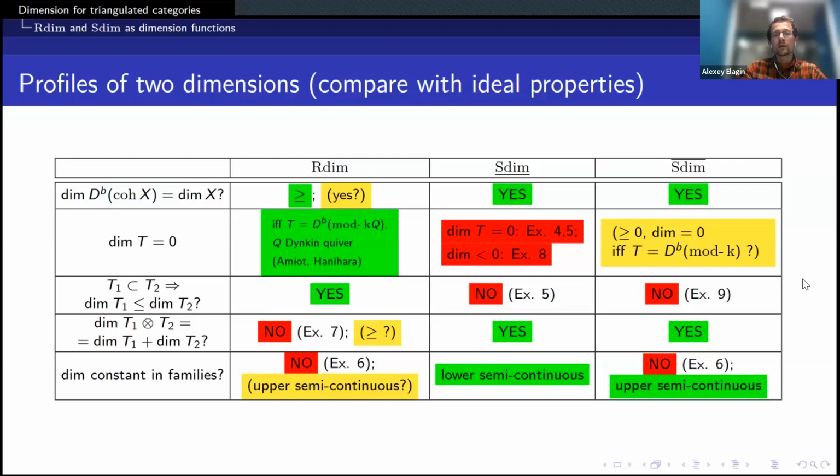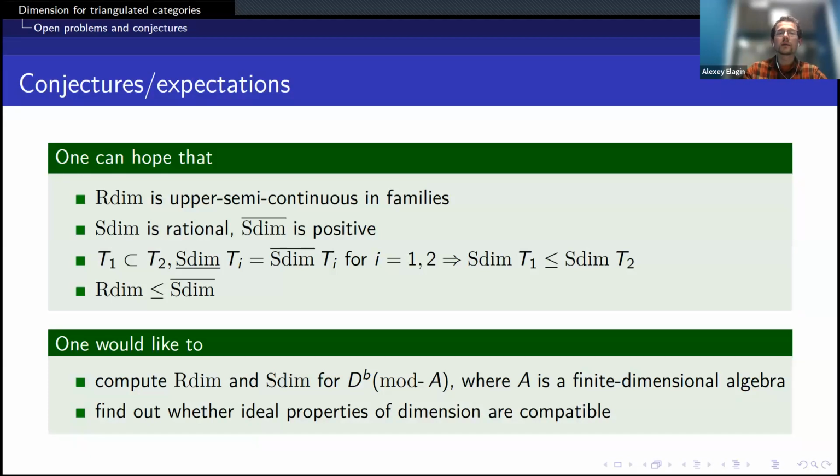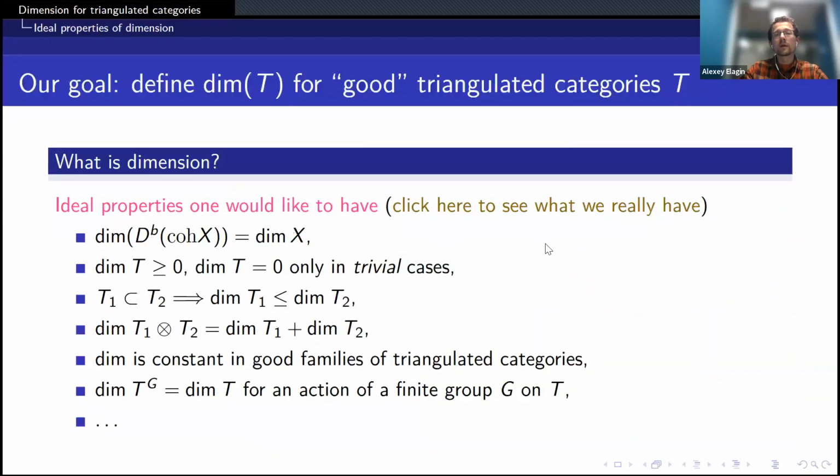So let me summarize that we don't currently have any good notion of dimension in the sense of these original properties. We don't know if such a function exists, and if there are, probably very many such functions.